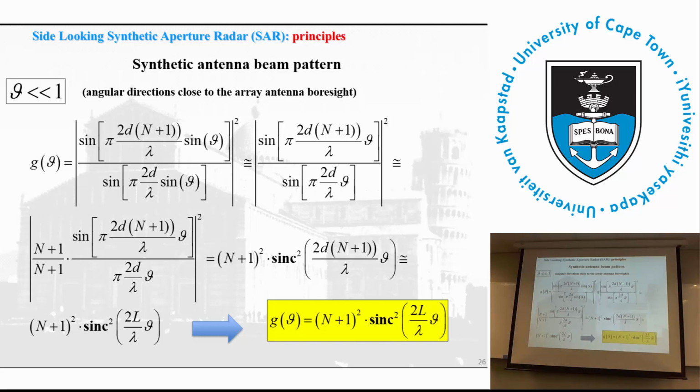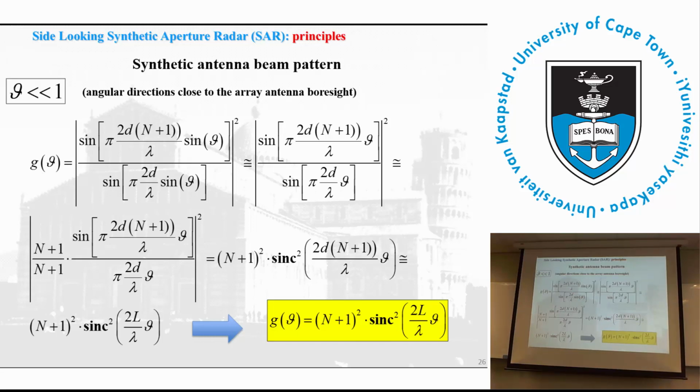If you make that assumption, then this can be rewritten by multiplying and dividing by the same number. What you get is n plus 1 down here, so this becomes equal to the argument of the sine, and this becomes a sinc function. This is interesting because close to 0, theta close to 0, you get a sinc function.